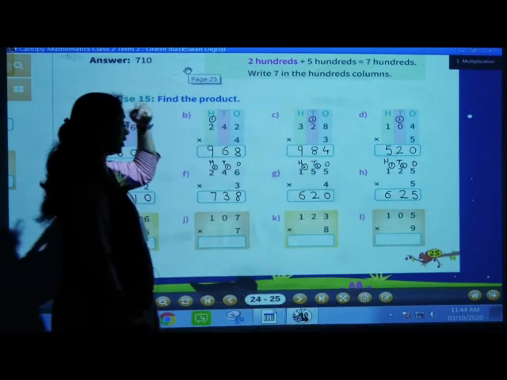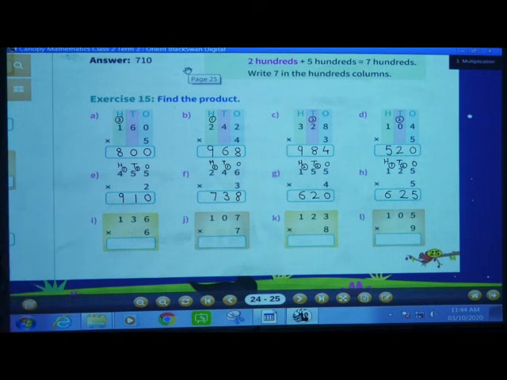Means 125 multiplied by 5, what is the product? 625 is the product.